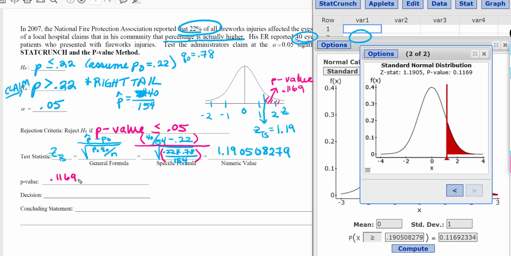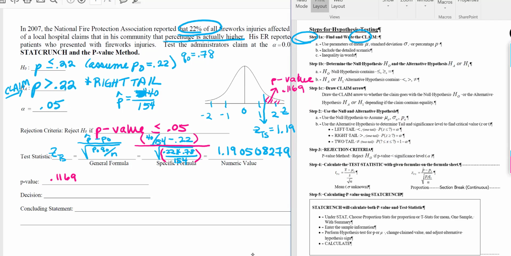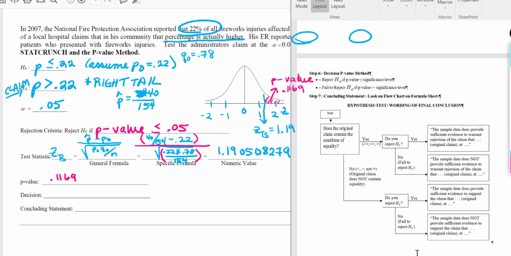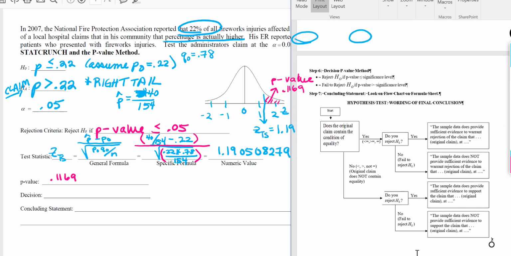And according to our steps for hypothesis testing now, we use StatCrunch to perform that. Step number 6 says that we reject the null if our p-value is less than or equal to our significance level. So let's look at that closely.